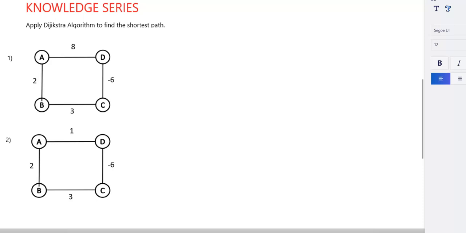Here we are going to see two different examples under Dijkstra's algorithm to find the shortest path. In this example, you will notice that the link cost between two edges has a negative weight.